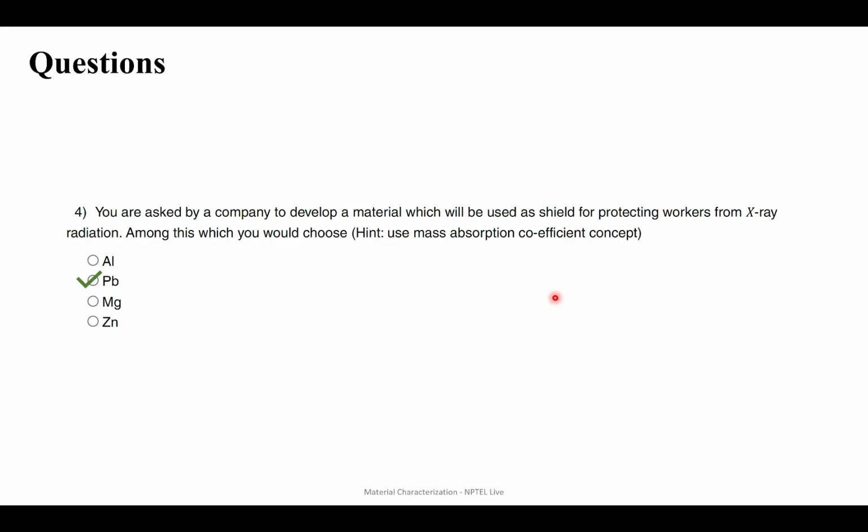If you use any other material, you need very large, very thick materials to absorb. That is why for shielding you want to use higher and higher density materials such as lead.